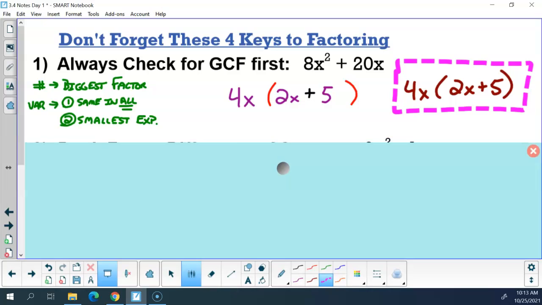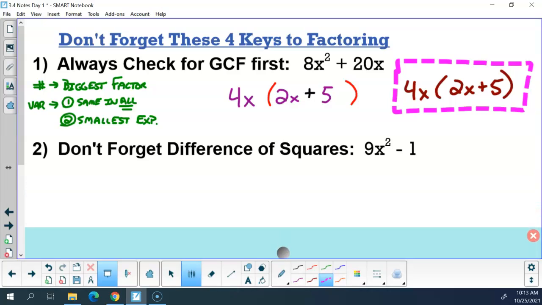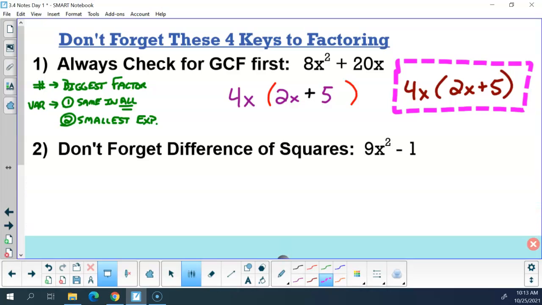After that, you should look at to see if they are a difference of perfect squares. Okay? Now, again, there are two parts to this one. The first part is the difference part. In math, difference means subtraction.